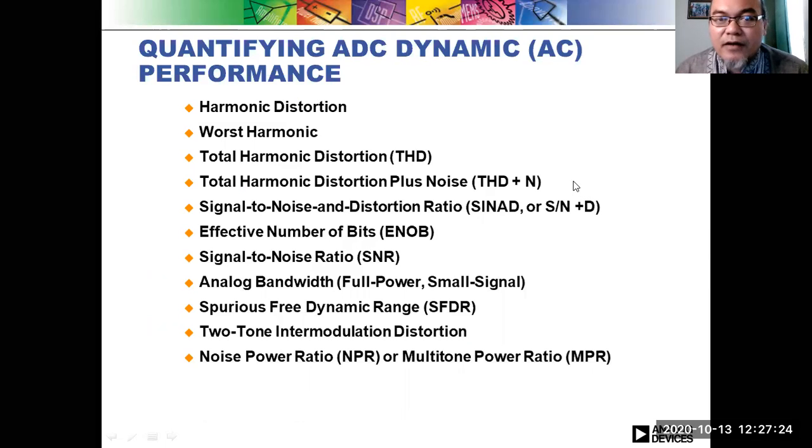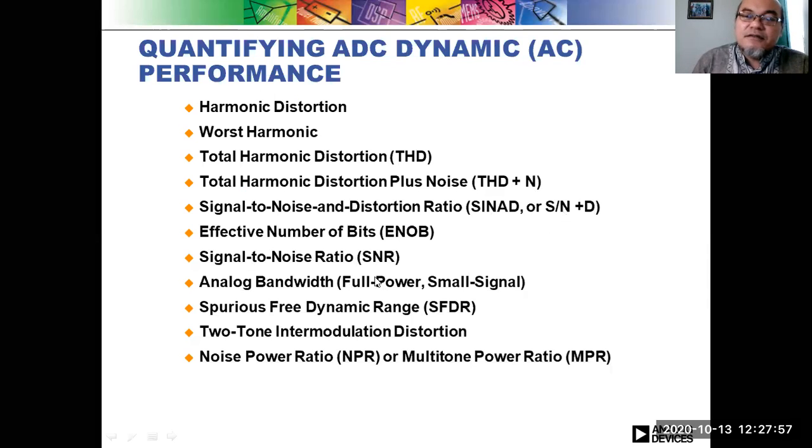Now we want to quantify the ADC dynamic performance, whereas the previous one was DC performance. There are some parameters that we can use to quantify the performance: the harmonic distortion, the worst harmonic, total harmonic distortion plus noise, signal to noise and distortion ratio or S over N plus D, effective number of bits, and signal to noise ratio.